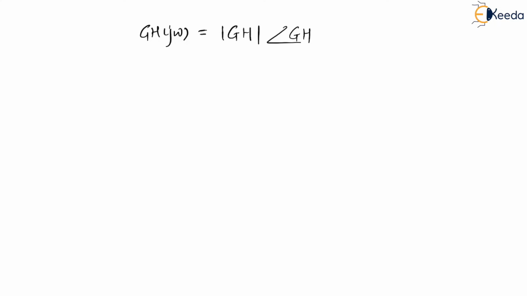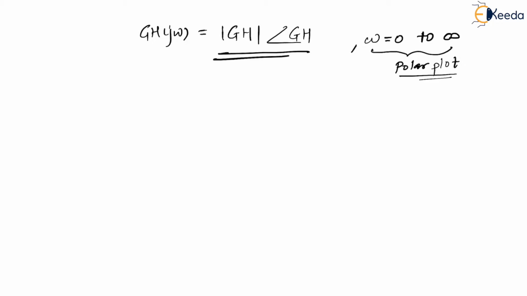Now my intention is to find the magnitude of GH of j omega and the angle of GH from omega tending to 0 to omega tending to infinity, because we had done the same thing in the polar plot.